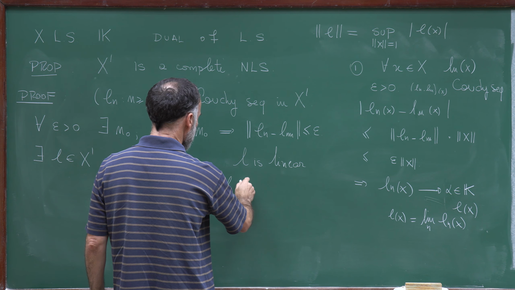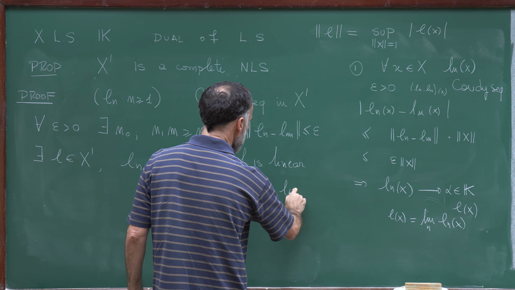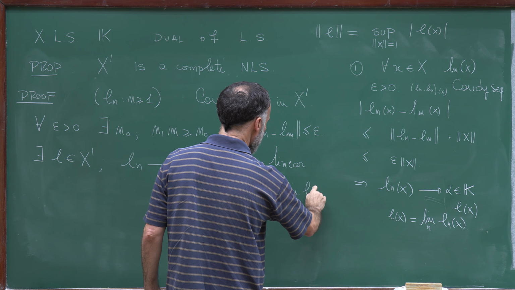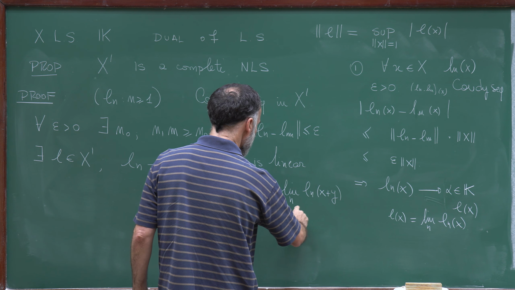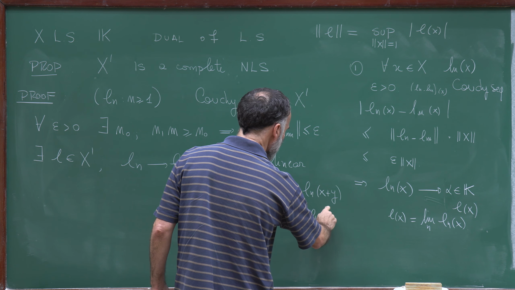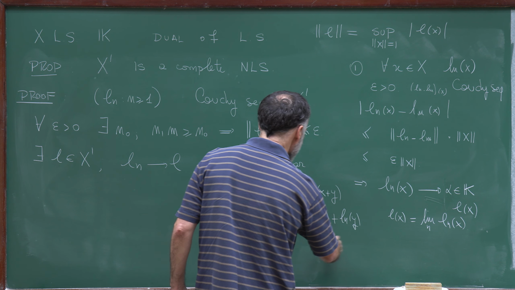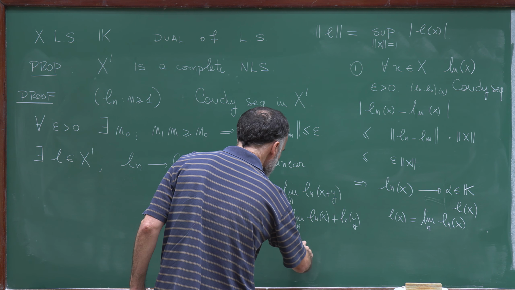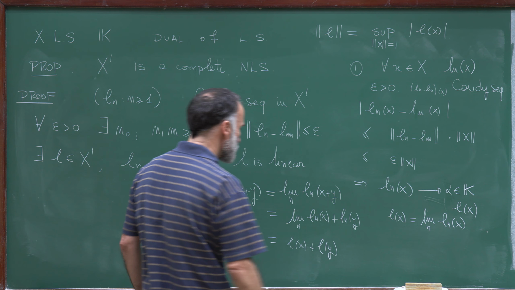Right, you take L of x plus y, but this is the limit in n of Ln of x plus y by definition, but this limit is equal, by linearity, to the limit of Ln x plus Ln y, and by definition of Lx and Ly, this is Lx plus Ly.